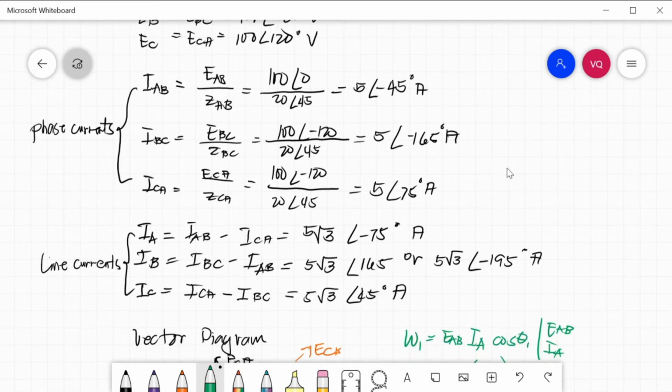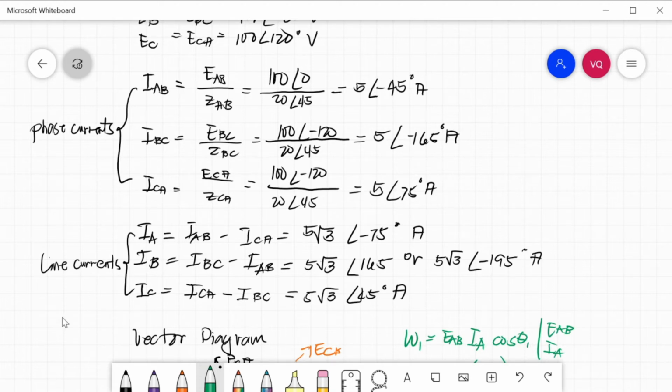And also the last one, which is ICA, that is equal to 100 angle negative 120 divided by 20 angle 45 degrees. This one must be positive 120, not negative. So that is equal to 5 angle 75 degrees amperes.